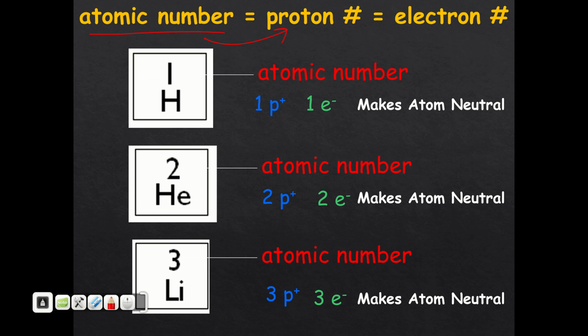The atomic number is not the number of electrons. It's just that when the atom is neutral, they're equal to each other. So the atomic number is equal to the number of protons, which then happens to equal the number of electrons at this moment.